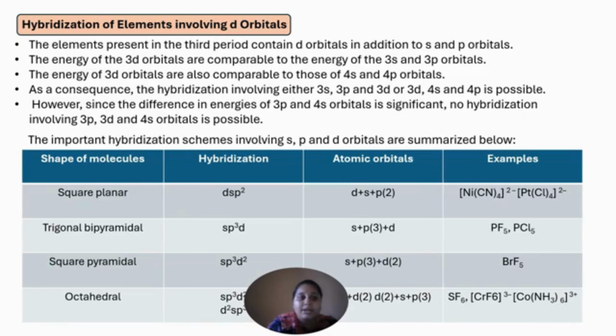For square pyramidal shape, the hybridization is sp3d2, the atomic orbitals are s, p3, d2, and the example is BrF5. Octahedral is sp3d2 or d2sp3, with one s, three p and two d orbitals, and the examples are SF6, [CrF6]3- and [Co(NH3)6]3+.